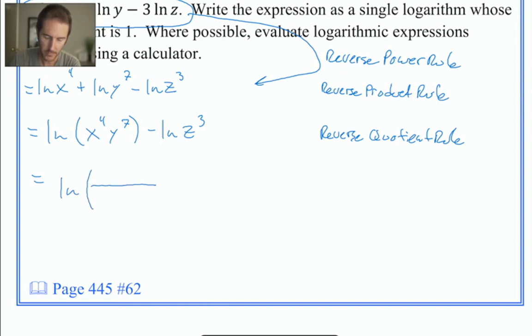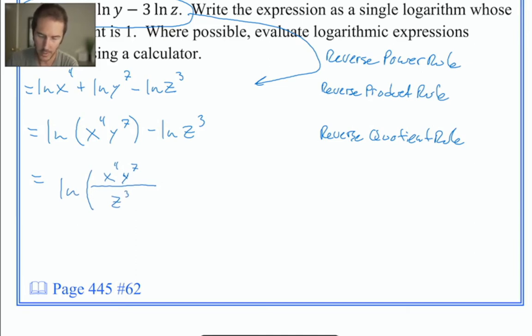If it's positive, it came from the numerator, so there is an invisible plus 1 or positive 1 in front of that natural log, so that tells me that the x to the 4th and the y to the 7, not z, it's a 7, go on the top, and this negative again in front of this natural log says that z to the 3rd must have come from the denominator.